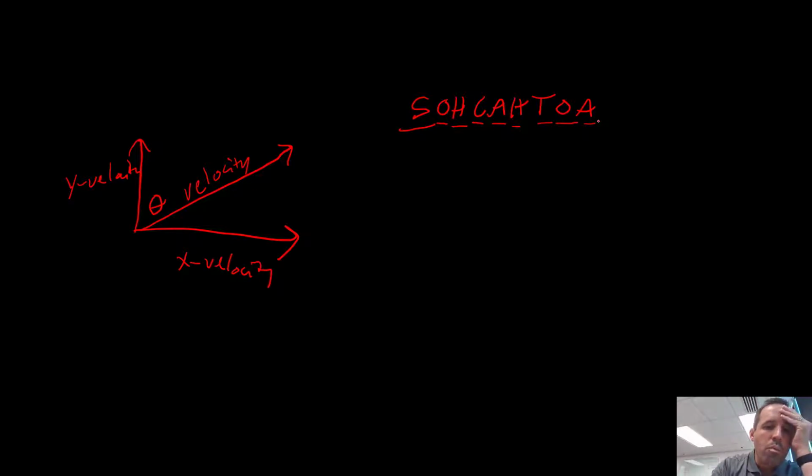So if we were looking at this launch angle, our distance from vertical, again, if this were 0, that means our y velocity would just be equal to the velocity. So we want to say the sine of our launch angle, we'll call that theta, is equal to opposite over hypotenuse.